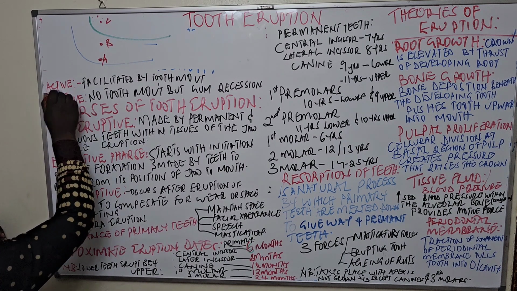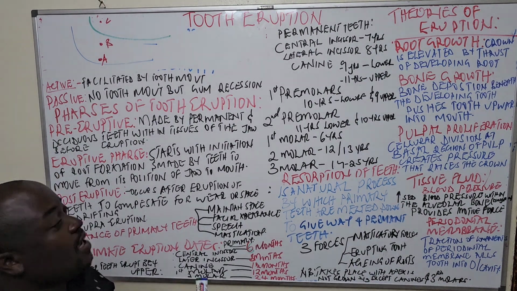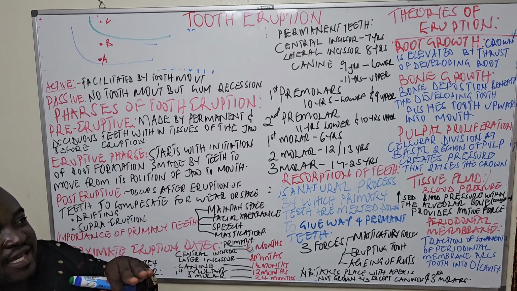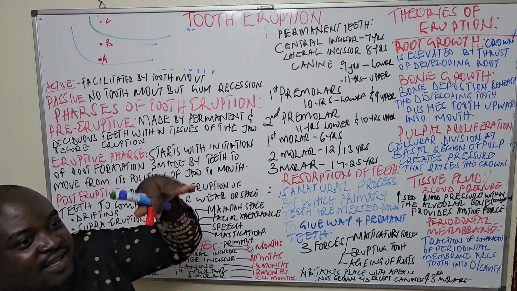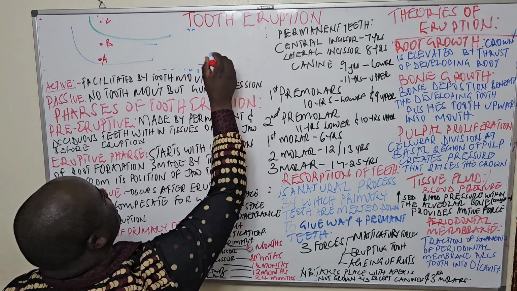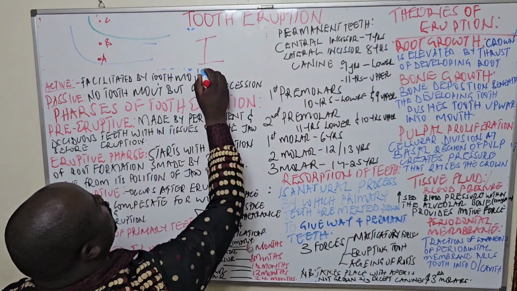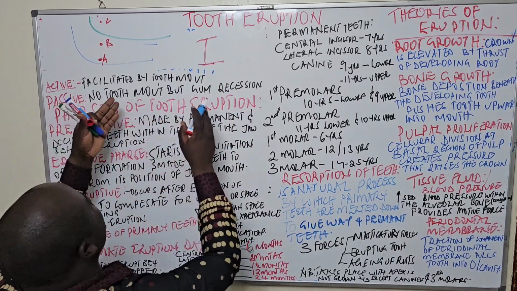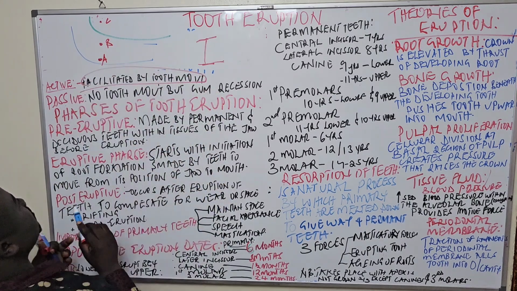What is the active eruption of a tooth? We mean the tooth is moving, making distance from one place to the other. In other words, it is making tangible movement in terms of distance from one position to the other. That is the active movement, facilitated by movement of a tooth.